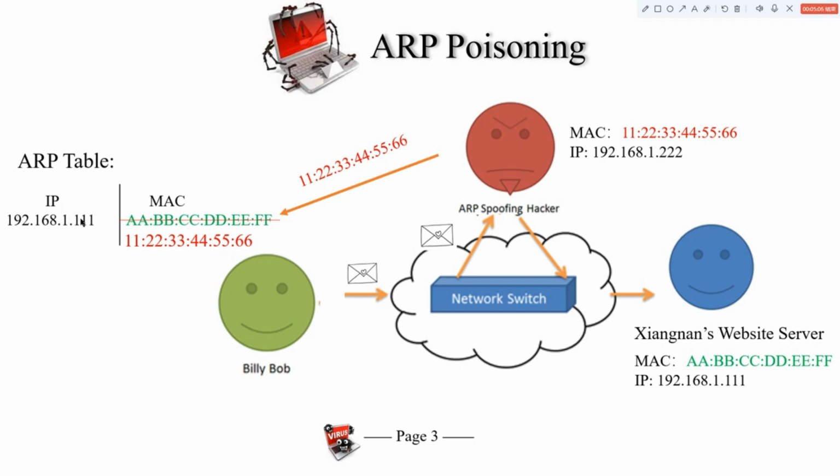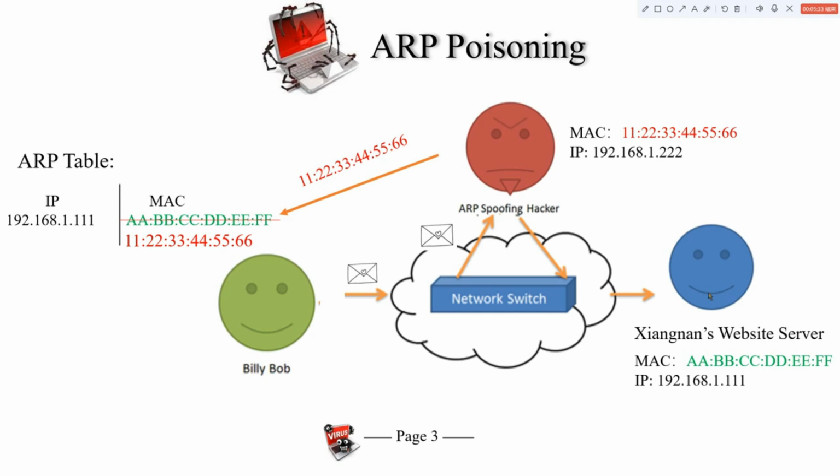What he wants is the corresponding MAC address of this IP, so he will broadcast this IP address to the whole local network, and then the owner sees that message and finds that, oh, that is my IP address. I need to send a response packet to him.